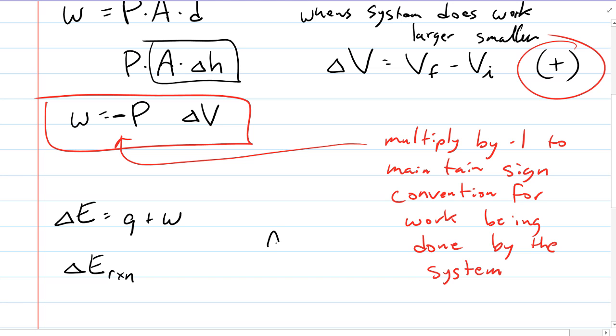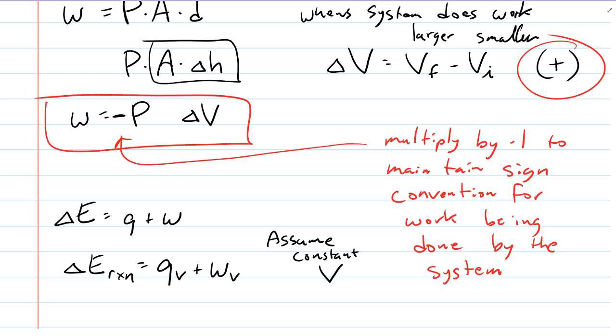we are going to assume a constant volume. If we assume constant V, we give a label of Q sub V plus W sub V. We're showing one of the ways we can simplify this process. If V is constant, what is delta V equal to? 0.